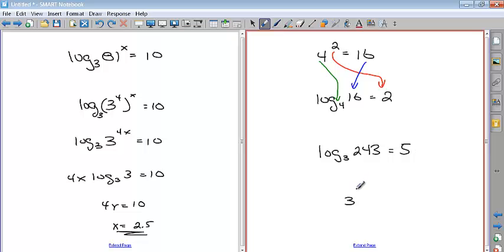This is the exponent, and this is the answer. So 3 to the 5th power, which would be 3 times 3, which is 9, times 3 is 27, times 3 is 81, times 3 is 243. That would be the corresponding one. And you can draw arrows here. This is the base. The argument becomes the answer, and the answer becomes the argument.